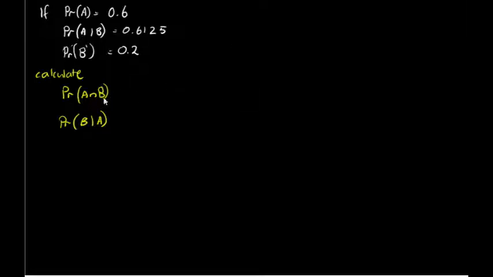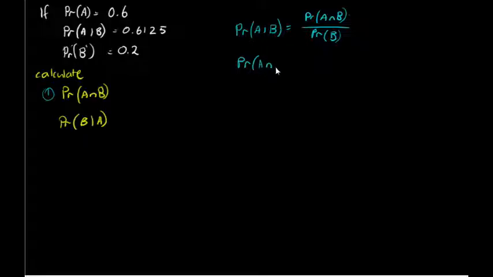We want to calculate the probability of A and B. If we remember, the probability of A given B is the probability of A and B over the probability of B. We're after A and B, so the probability of A and B is equal to the probability of A given B times the probability of B. However, we know what A given B is, but we don't know what the probability of B is at this moment.